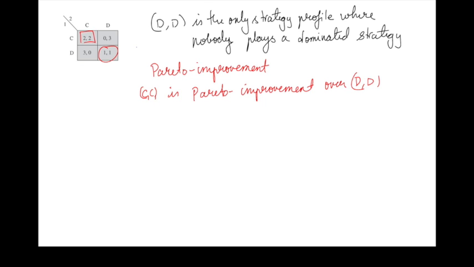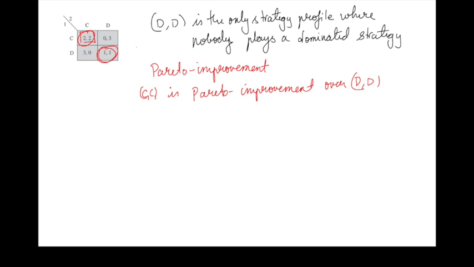Each player individually has an incentive to play D rather than C because it's a dominant strategy. Yet Pareto efficiency says that the outcome should be one which can't be Pareto improved. So CC would be a Pareto efficient outcome, and DD is a Pareto inefficient outcome.